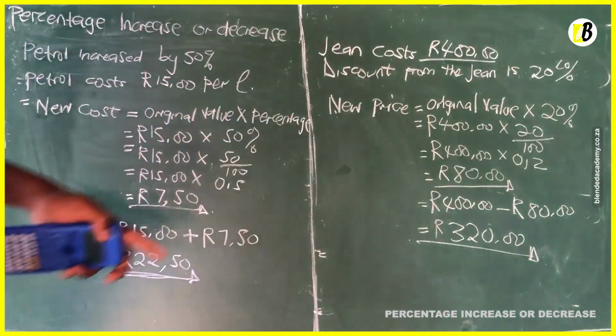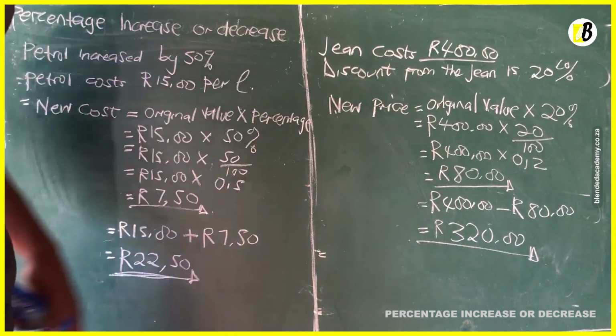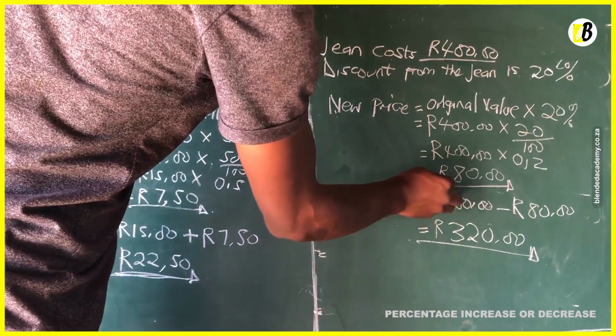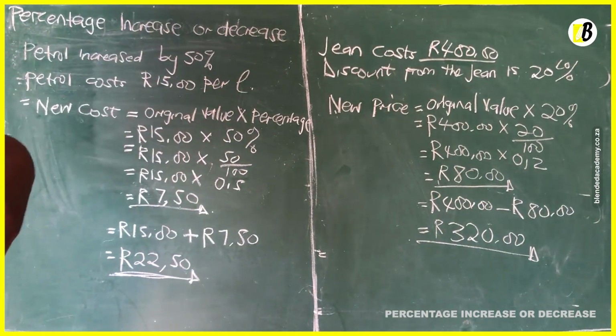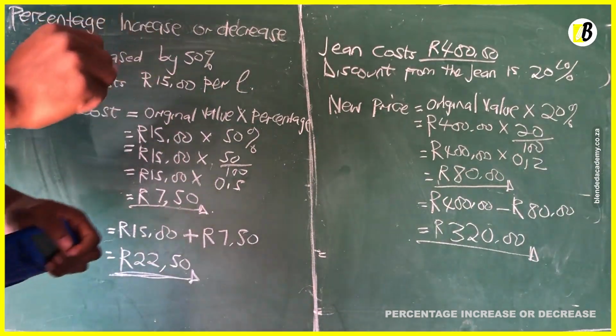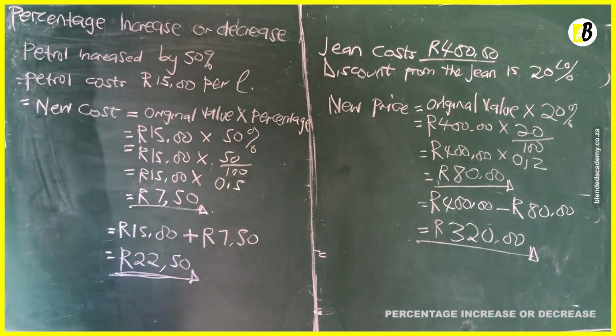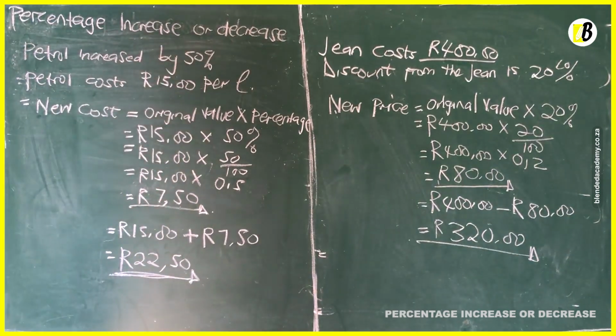So what this means is that you are basically saving 80 rand out of that 400 that you're supposed to pay initially. So the amount that you're going to pay now is going to be 320 rand, right?